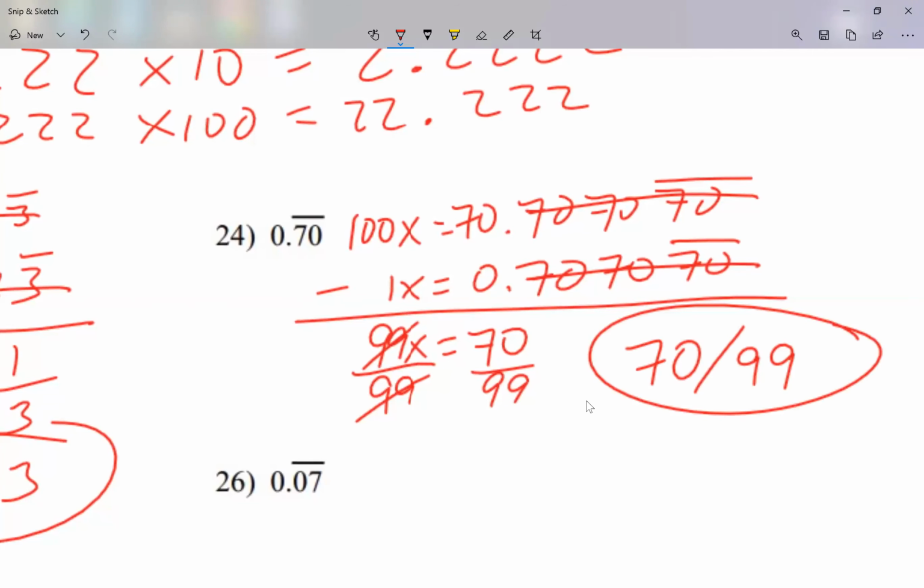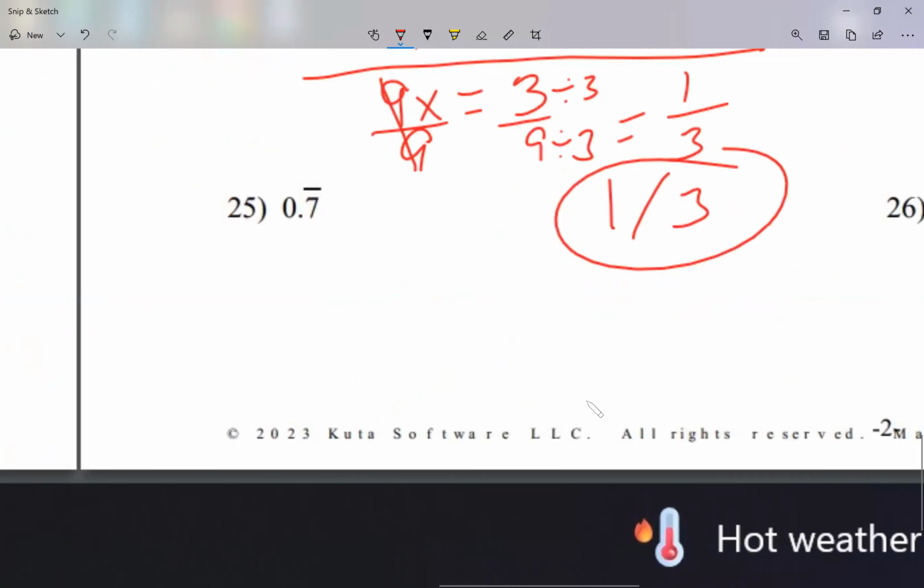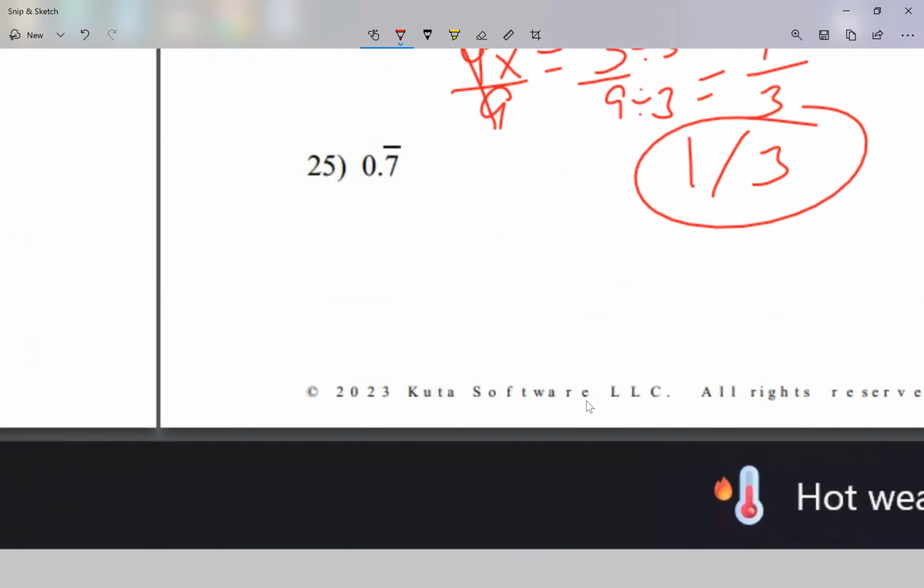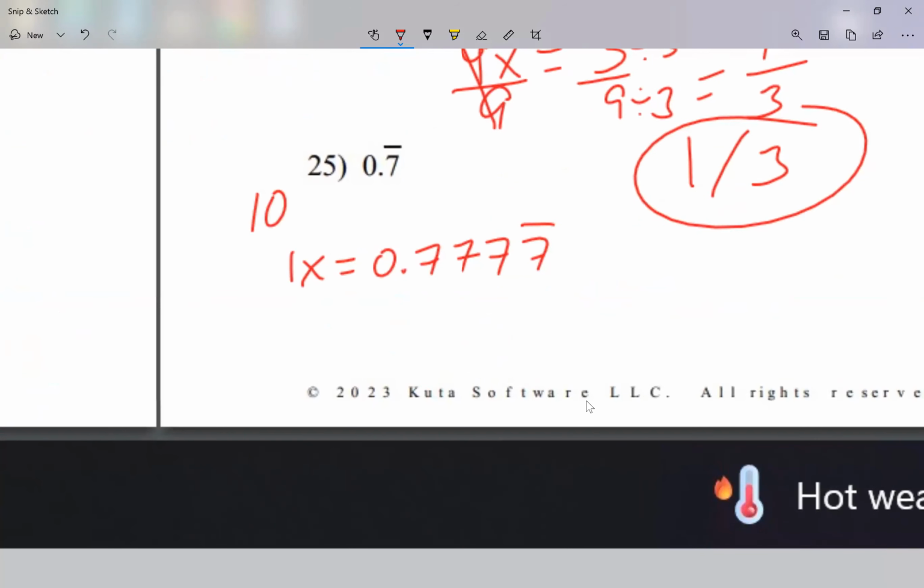Pretty nice. Let's take a look at number 25. I'm going to say that 1x is 0.7777, a bunch of sevens. I only have one number repeating, so let me multiply it only by 10. Multiplying by 10 gives me 7.777 and a bunch of sevens.